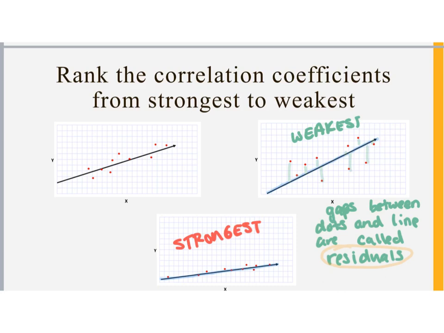So in summary, the closer the dots are to the line, the stronger the correlation. This is the same as saying the smaller the residuals, the stronger the correlation. Conversely, this means the further the dots are from the line, the weaker the correlation, and thus the larger the residuals, the weaker the correlation.